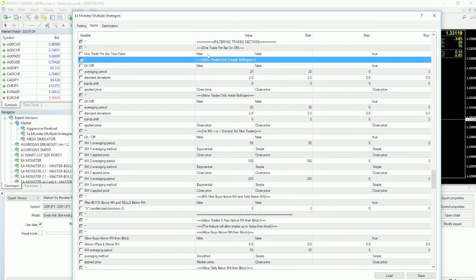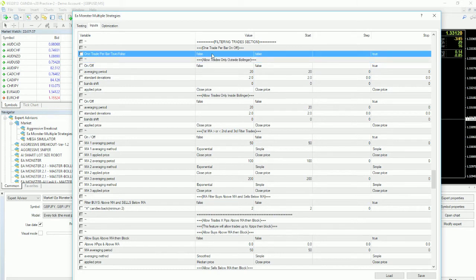That would be a problem if you have a moving average crossover where price is moving around on top of the moving average, and you have a short stop loss and a short take profit. It will literally open and close the trades thousands of times and drain your account if you put this to false. That's why by default it's set to true, because it will stop that from happening.